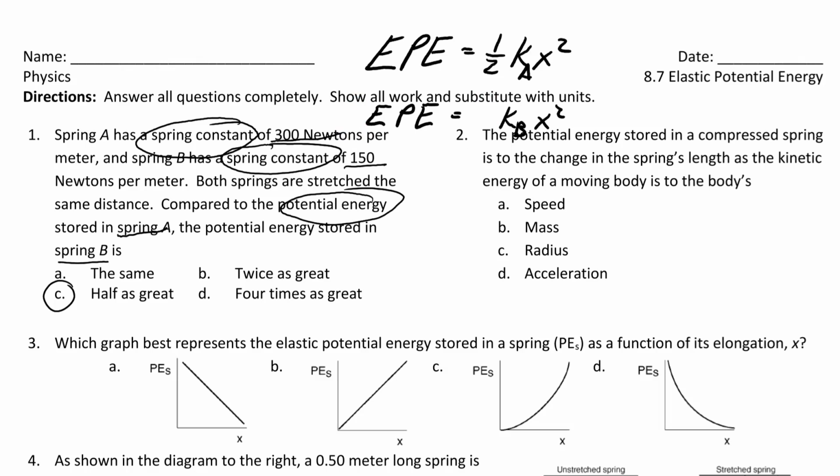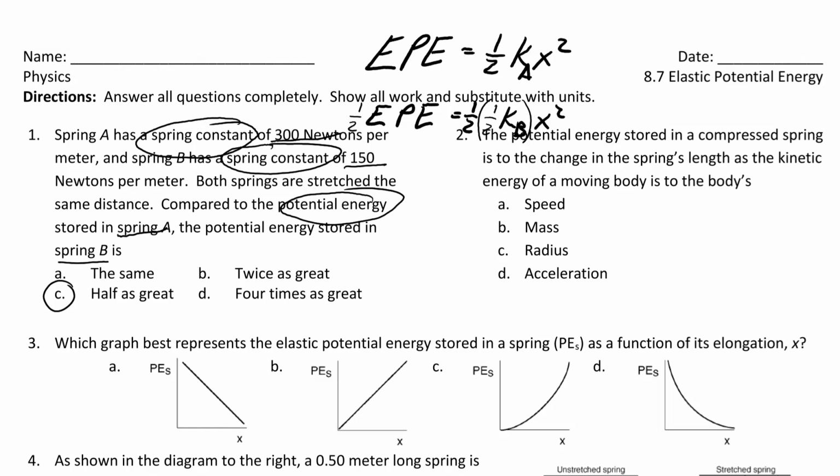What happened to the 1/2 over here? It's not there anymore. You have to keep this here, and you're just changing the k value by 1/2. And you leave this 1/2 alone when you're doing this type of question, right? So sometimes you'll have to actually calculate out how many joules of elastic potential energy, and then you definitely have to multiply by 1/2. But when you're figuring out what is the relationship between these two variables, don't get confused and just start multiplying by 1/2 for no reason.